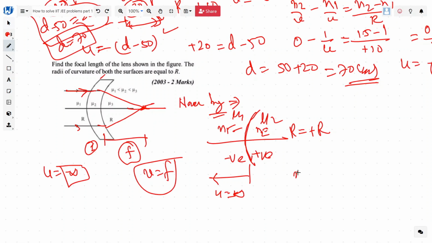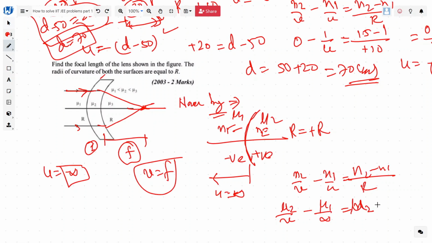We'll write n2 by v minus n1 by u is equal to n2 minus n1 by r. That is mu2 by v minus mu1 by u, and u is infinity, so that term is going to be 0. So finally mu2 minus mu1, and r is positive, so let it be r.